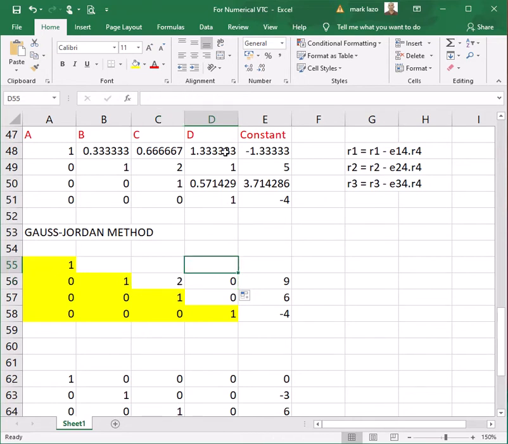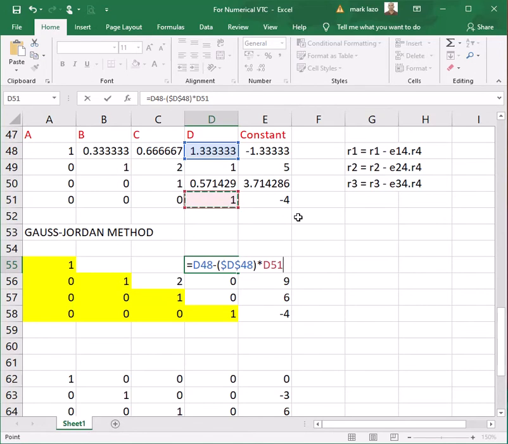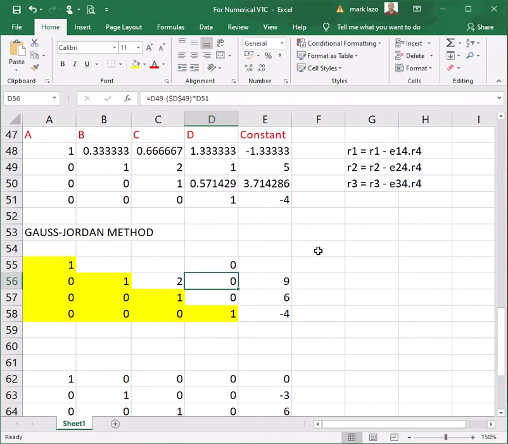Next is to make this element here into 0. I will be applying the formula R1 equals R1 minus the element in row 1, column 4, that is itself. So again, $ sign, multiplied by the element in row 4, which is equal to 1, or the element directly below in row 4.